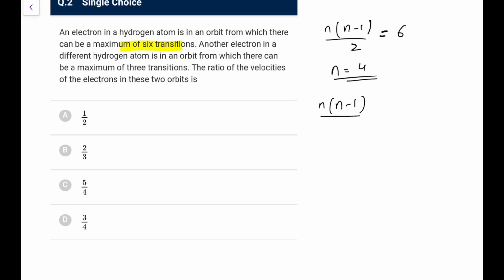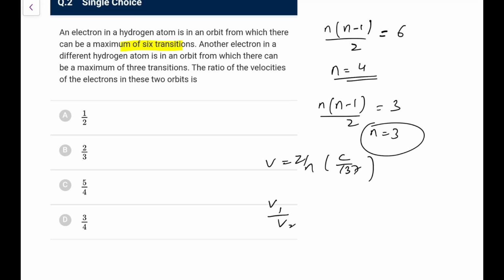That means n(n-1)/2 is equal to 3, so there n comes out as 3. The ratio of the velocity of the electron in these orbits: velocity is Z/n into c/137, that you remember. So v is inversely proportional to n. So v1/v2 would be equal to n2/n1, that is 3/4. Go for option D.